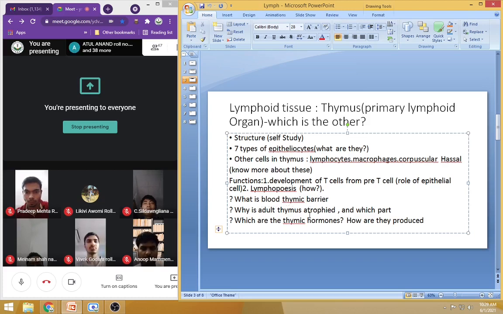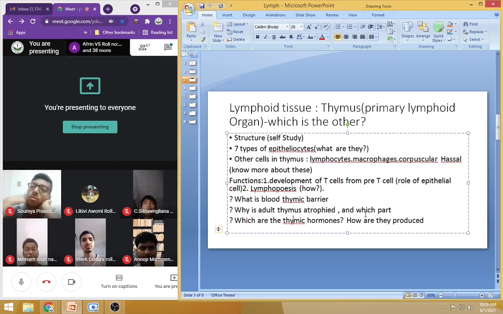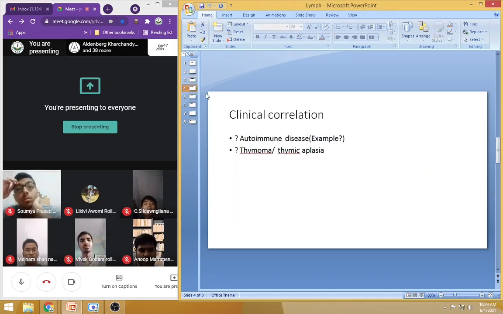So why should the cortex be atrophied in adults, and why should the medulla persist? This is again for you to find out, right? And there is something called thymic hormones. What are they and how are they produced? This also you have to find out yourself.